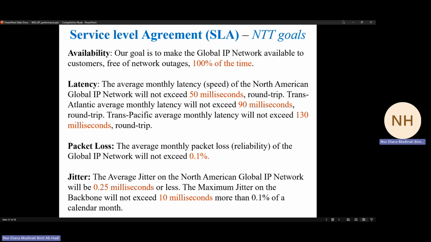Your latency shall not exceed 50 milliseconds round trip in North America, but for the transatlantic, monthly latency shall not exceed 90 milliseconds round trip also. While for the Pacific, it shall not exceed 130 milliseconds. Okay? But for packet loss, overall for global, it shall not exceed 0.1%.